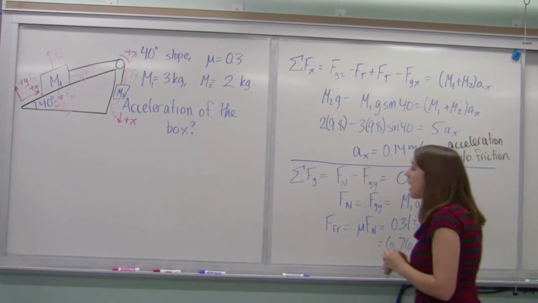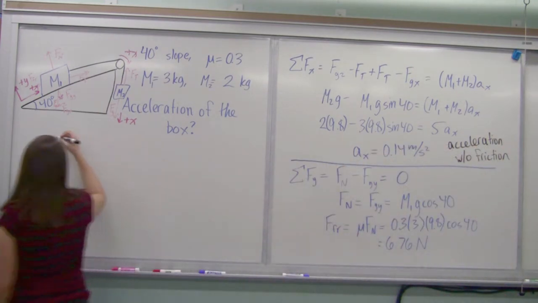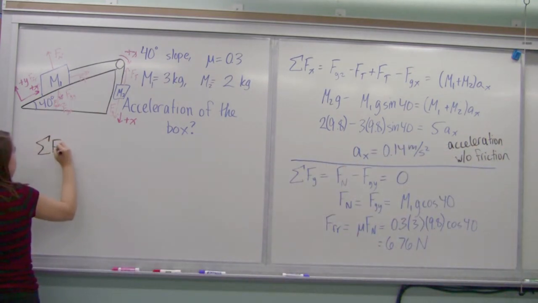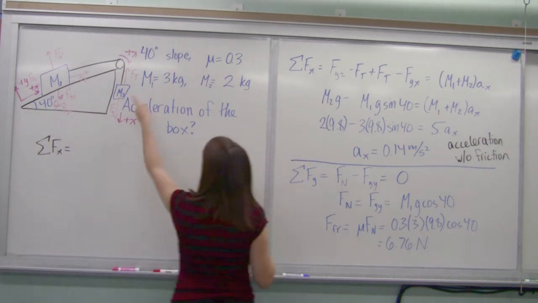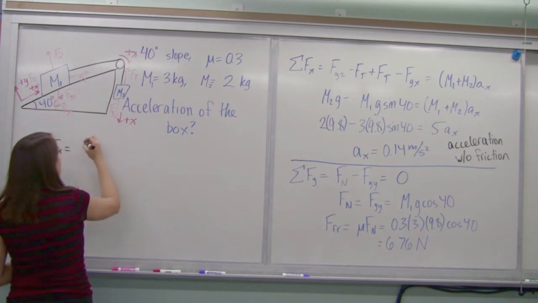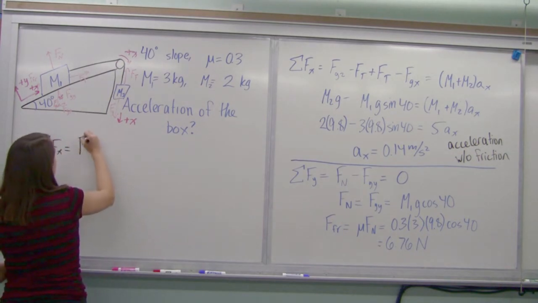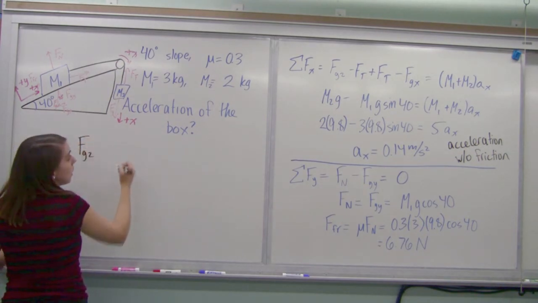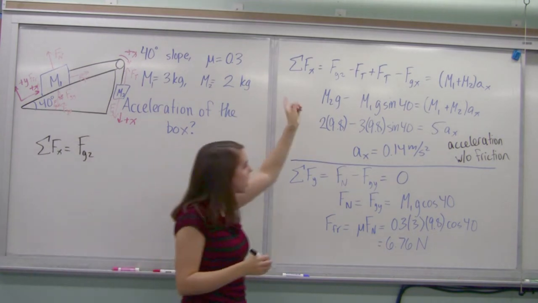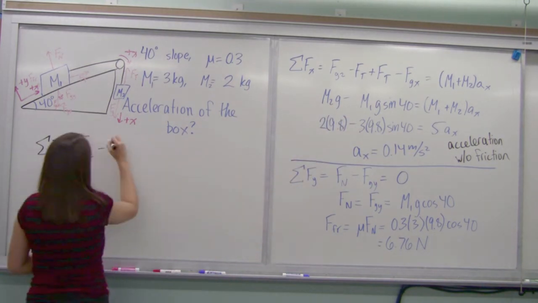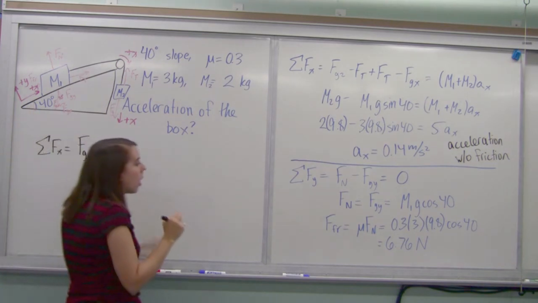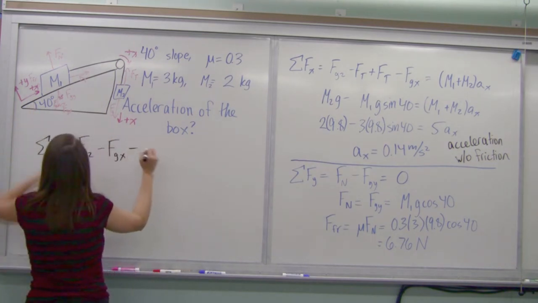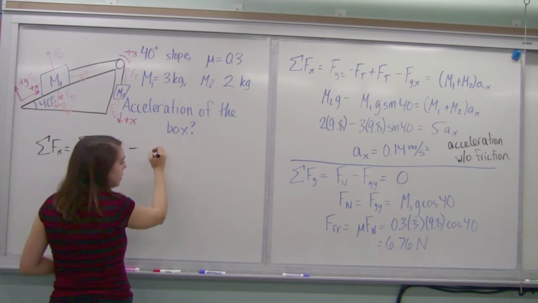Now I can work in my x direction. The actual sum of forces in the x direction is going to be the force of gravity on this one, which was G2, I called it. The two tensions which cancel out, the force of gravity in the x direction. And alas, now we know friction is in the negative x direction.